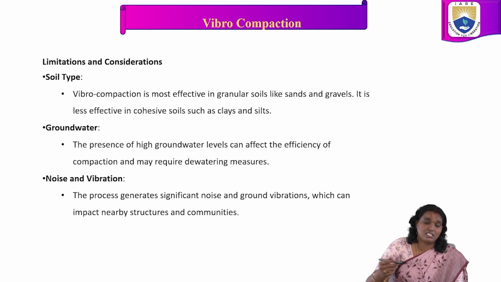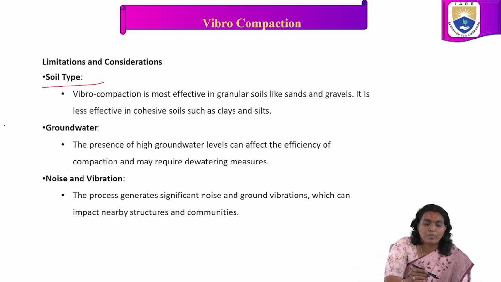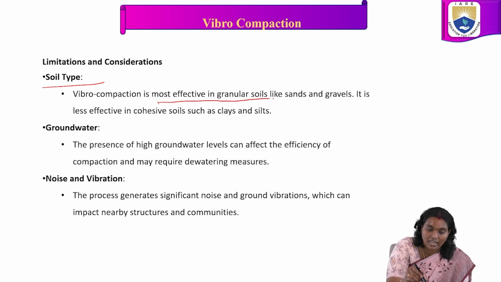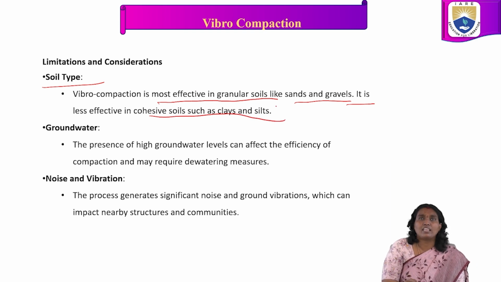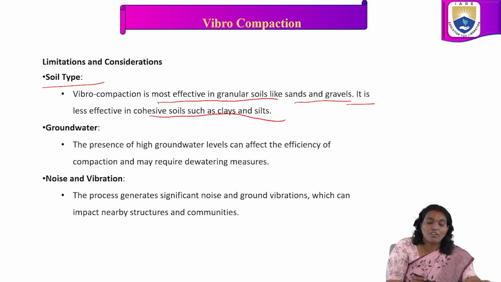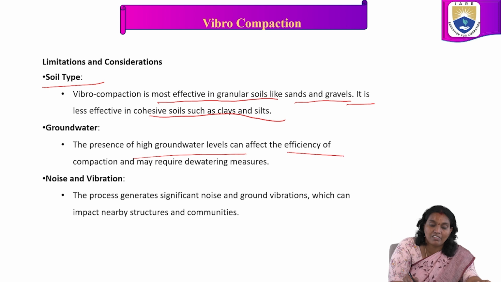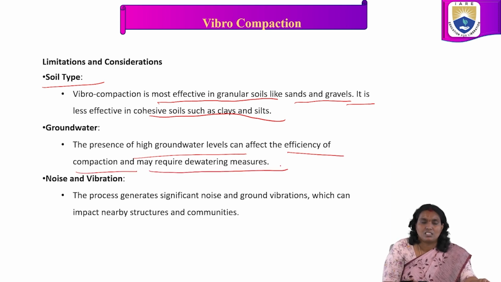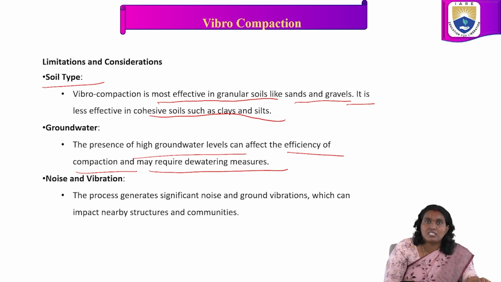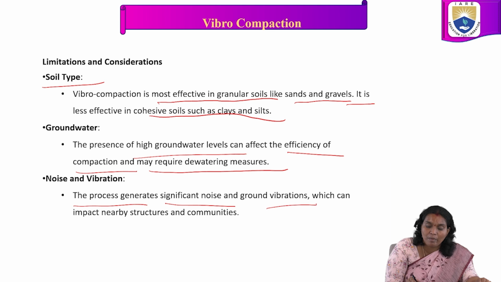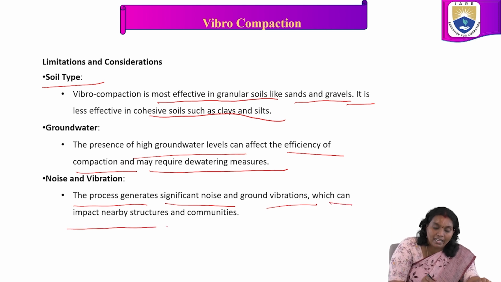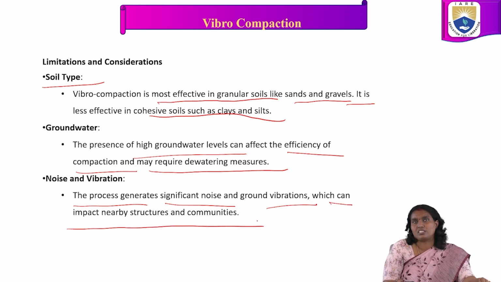Coming to the limitations, first, soil type. Vibro compaction is most effective in granular soils like sands and gravels. It is less effective in fine soils such as clays and silts. Coming to groundwater, the presence of high groundwater levels can affect the efficiency of the compaction and may require dewatering measures. Coming to noise and vibration, the process generates significant noise and ground vibrations which can impact nearby structures and communities.